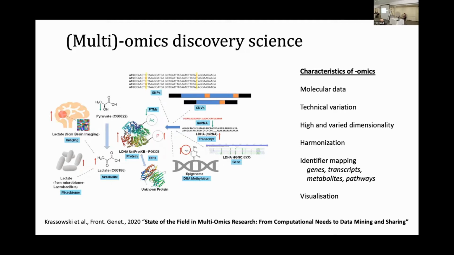From these measurements, we get an overview of the state of the system at a current point in time. And this is interesting because you have really big data sets, and these data sets are related to the same biological samples.